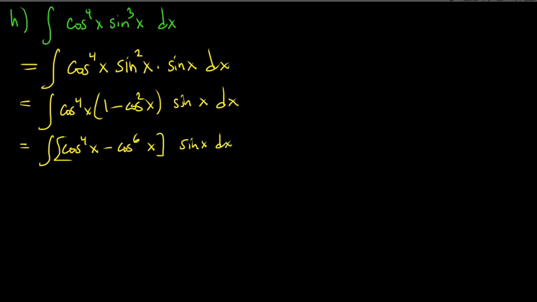Right? And this is where you would substitute. U is going to be cosine of x, and the derivative of that is negative sine x dx. So where's the negative? Well, there isn't any, so let's multiply by negative 1 and divide by negative 1, which is the same as multiplying by negative 1, right?